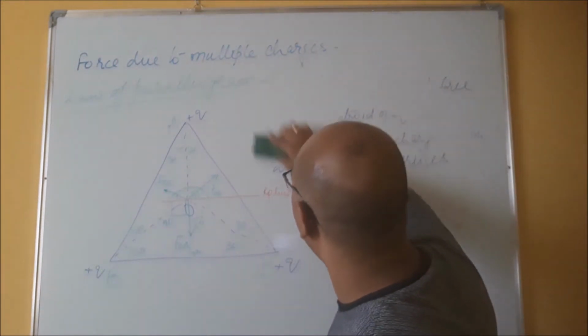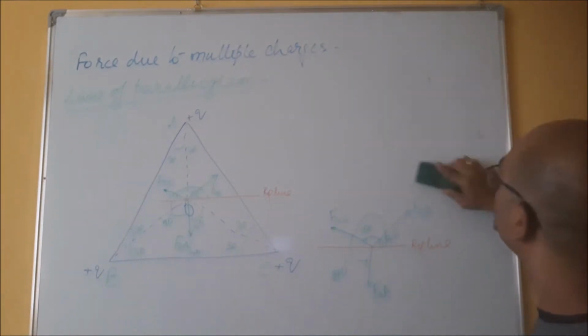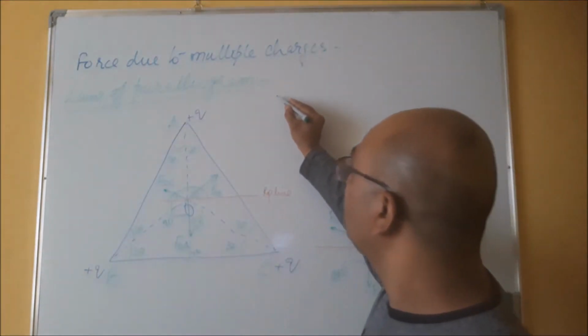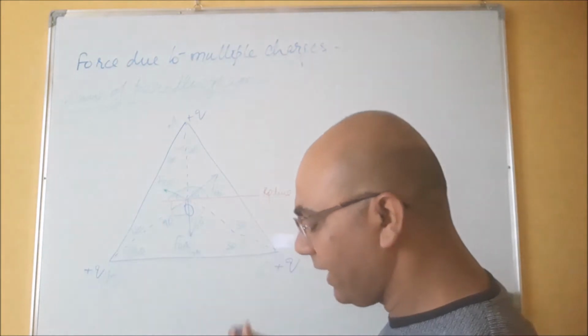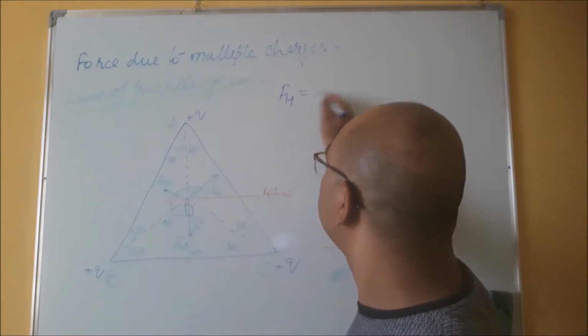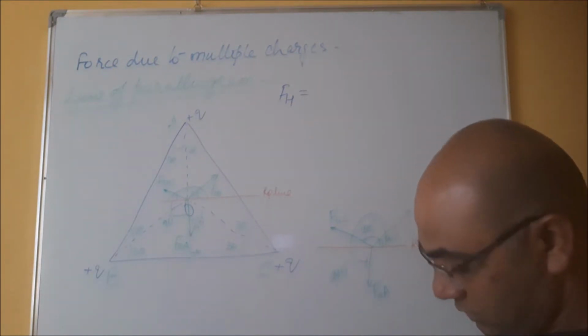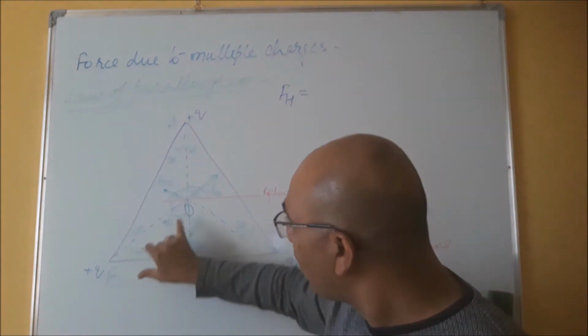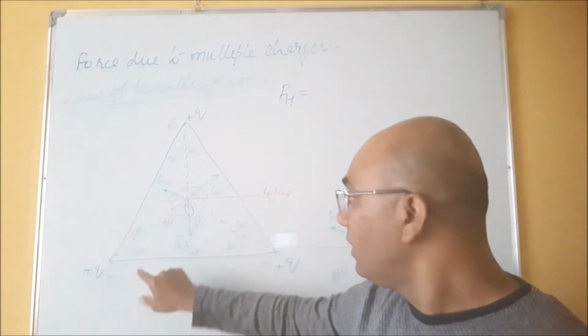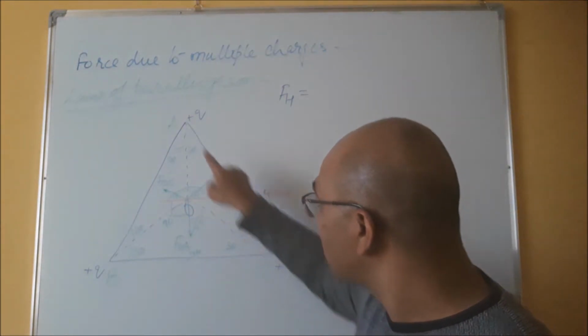Now if I want to find the value of F_net, what will it be? See one thing: this is only due to the geometry of the equilateral triangle, all these distances are equal.